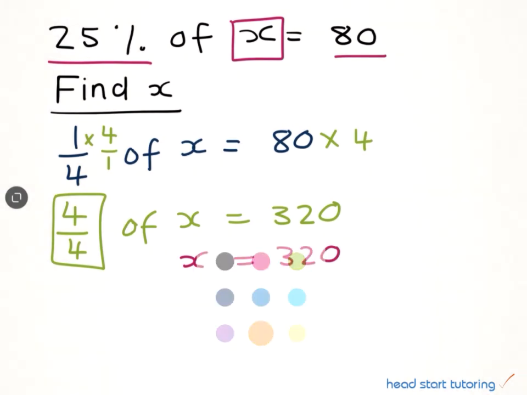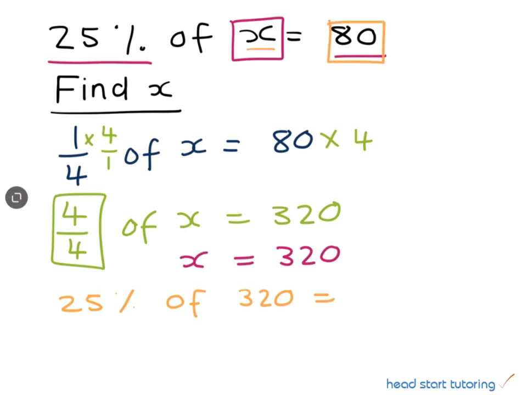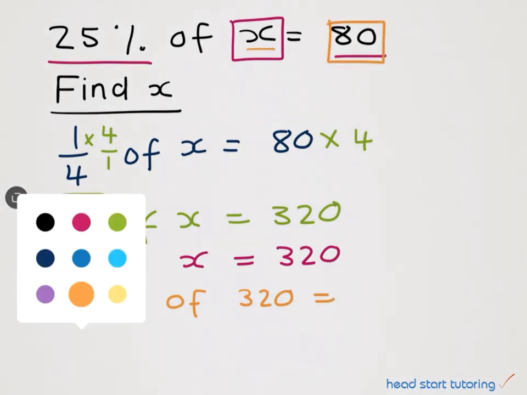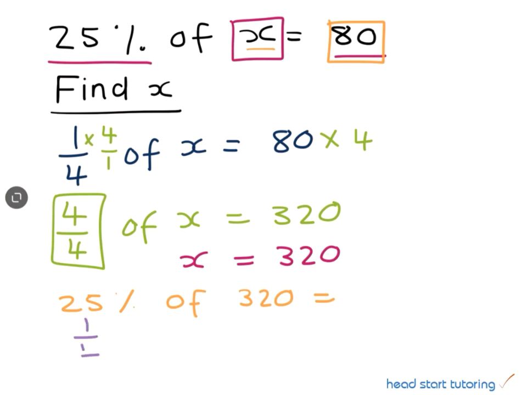So now what we can do is we can check our answer. We can plug in our 320 where we have our x. So 25% of 320, we hope to get an answer of 80. So 25% of 320 is equal to 1/4 multiplied by 320/1.